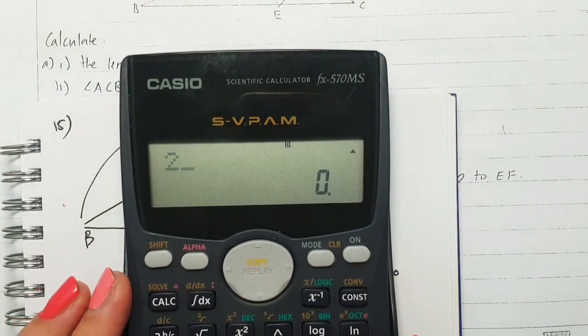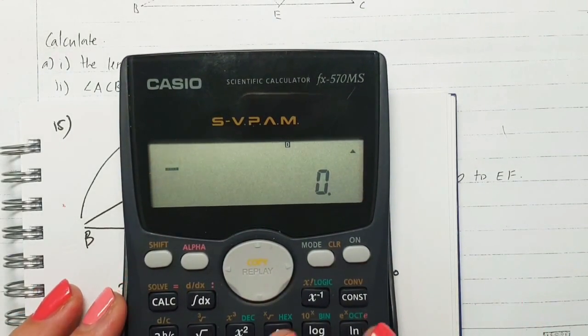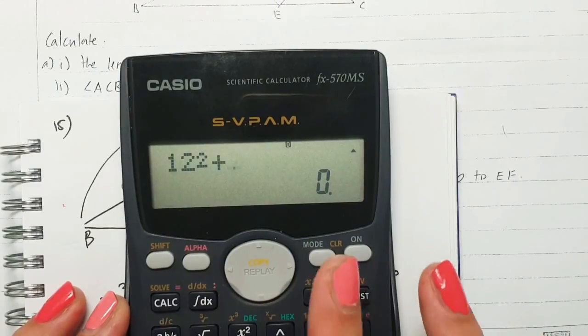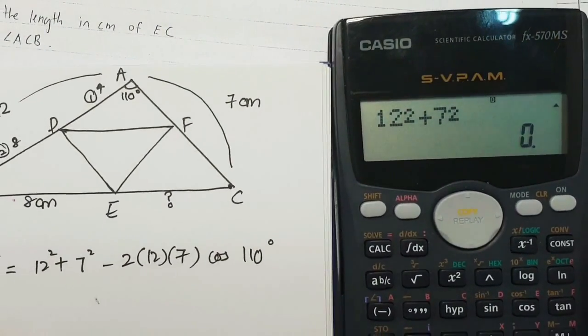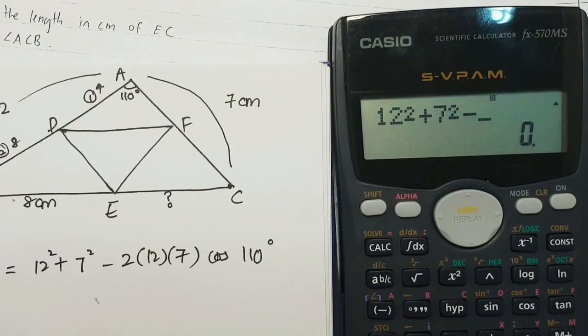So we have 12 squared plus 7 squared minus bracket 2 times A times B, and then times cos C. C is 110.